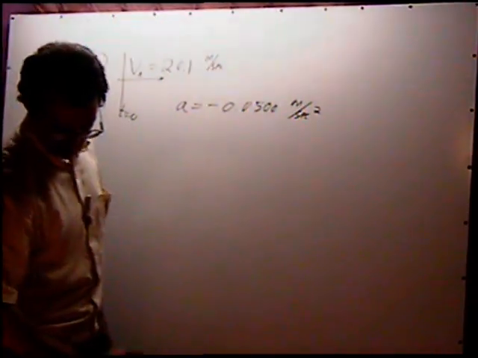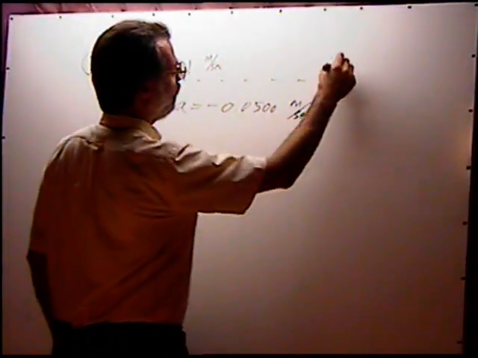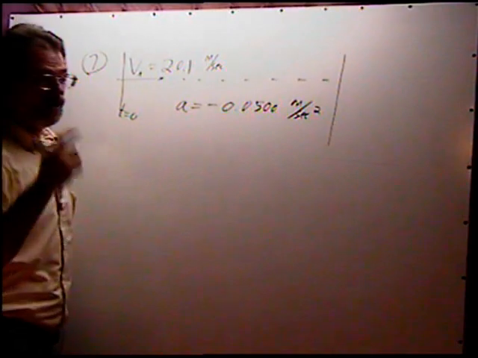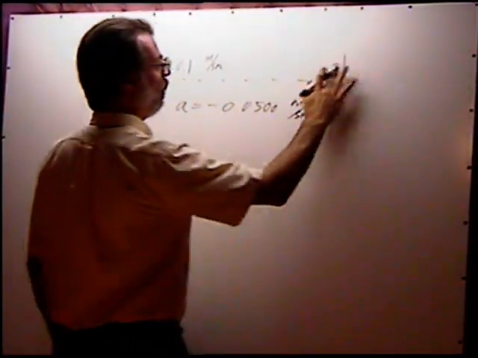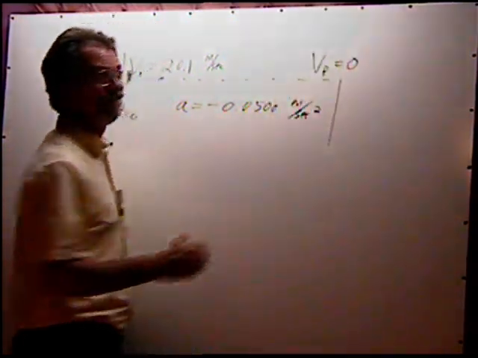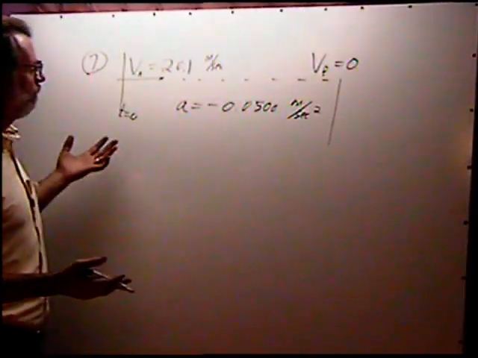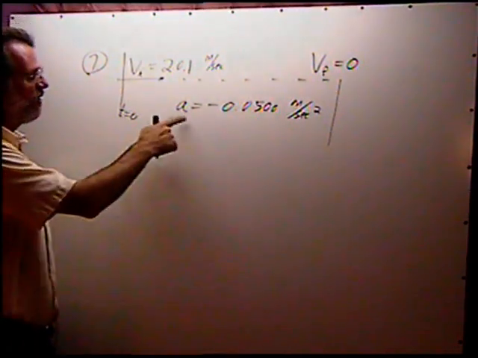Is that right? That's right. The question is, how long will it take to stop? At some point, when will he stop? He will stop whenever the final velocity is equal to 0. That's when he stops, right? It makes sense.